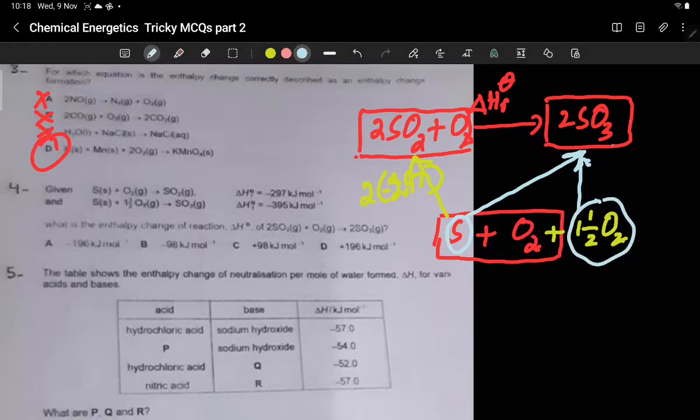So the delta HF for this reaction is minus 395. So this is the starting point, and you know that we have to form this product.